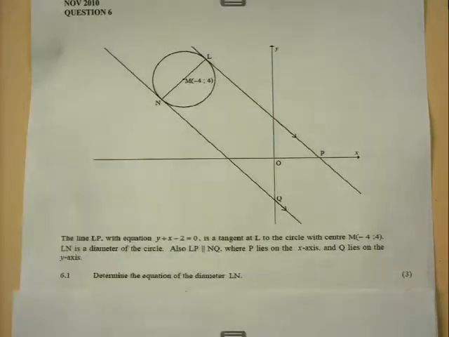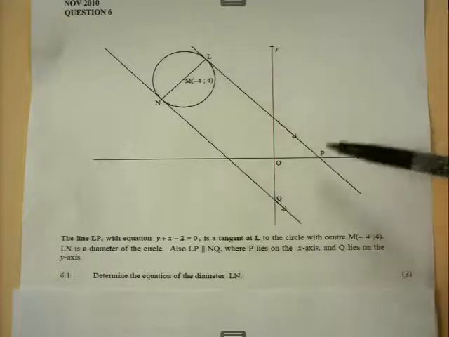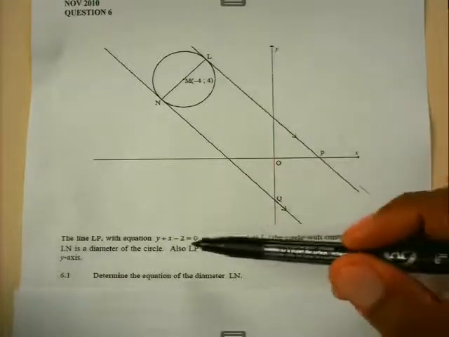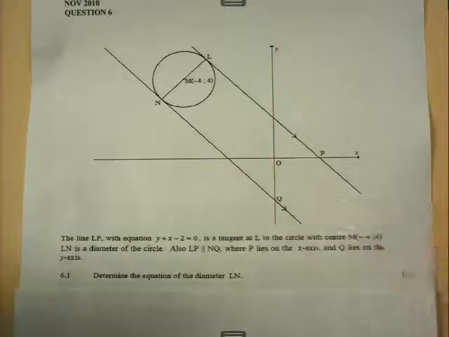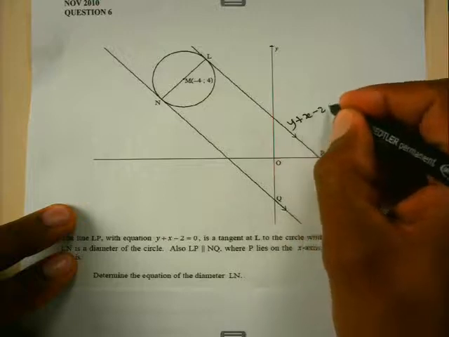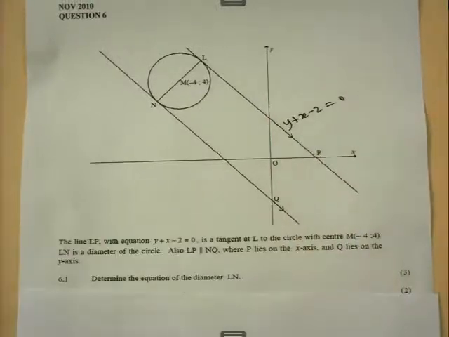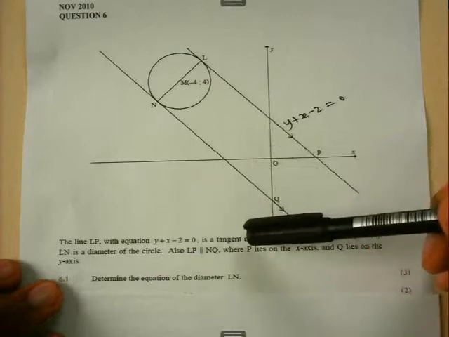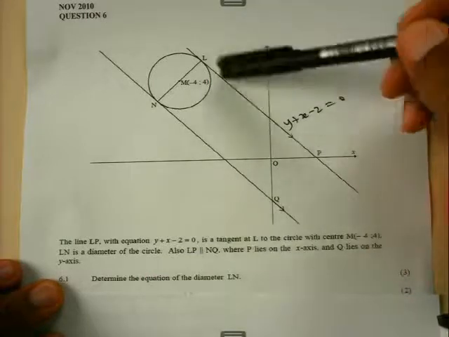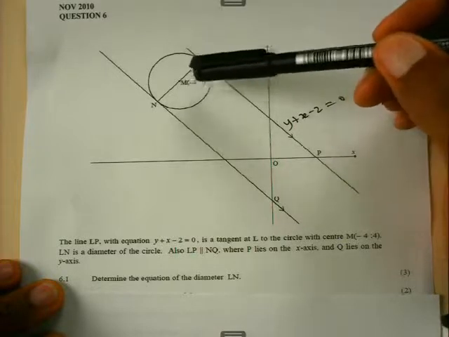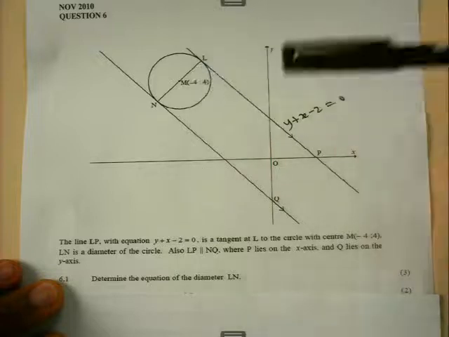You can see we have the line LP here on this side, with the equation y + x − 2 = 0. That's good. And then from there, we know that it's a tangent at L to the circle with the center M, which is (−4; 4), right?